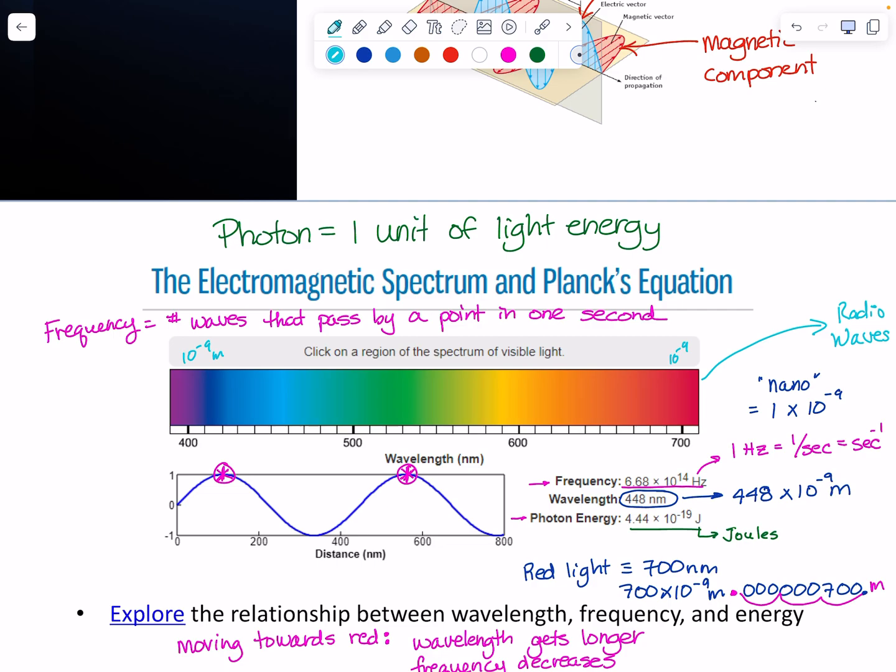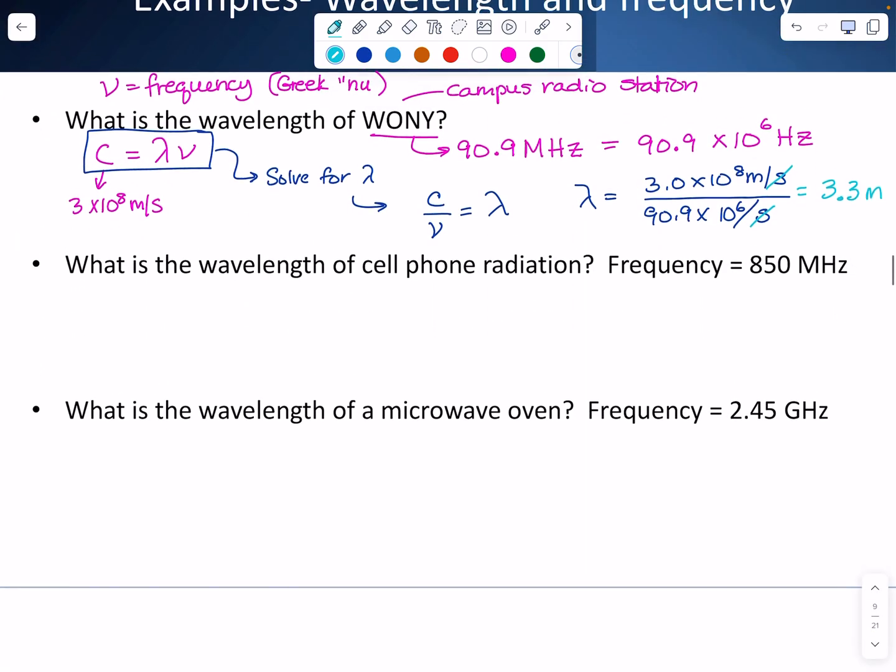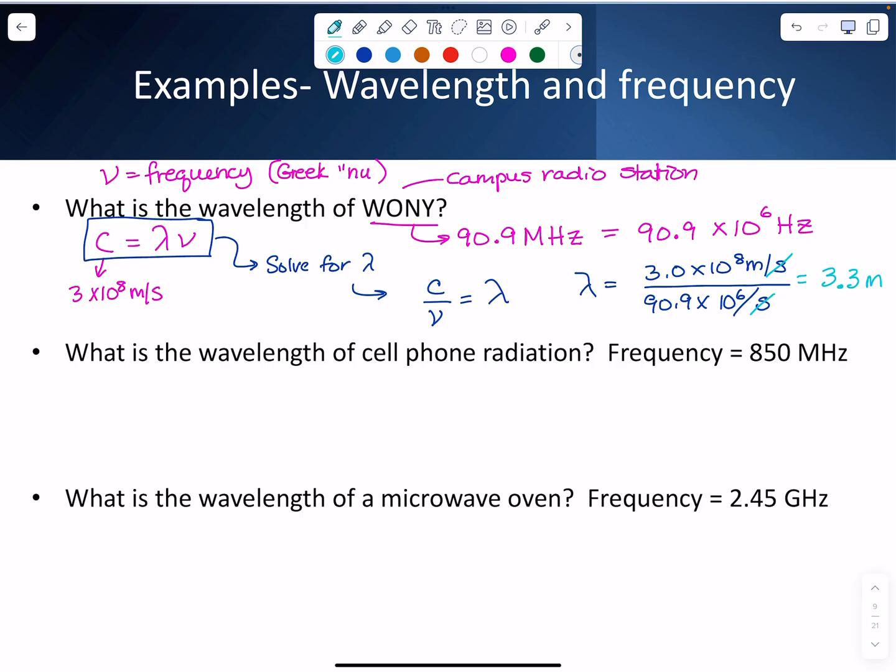Before next class, try to do those 2 other examples, and we'll start off by quickly going over those, and then we'll get into talking about energy and how that tells us about atomic structure.